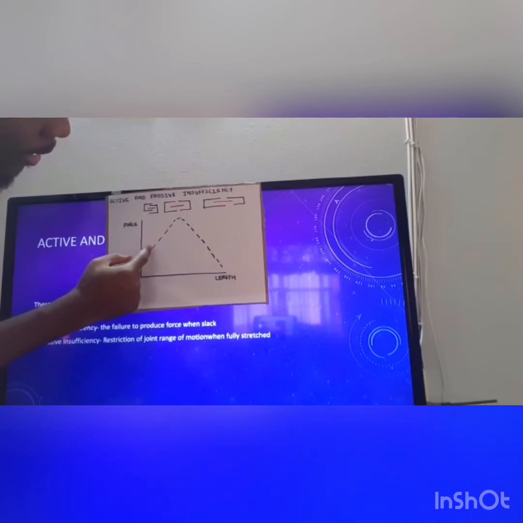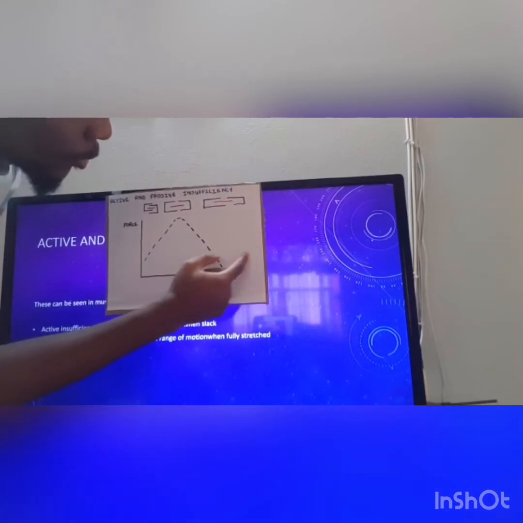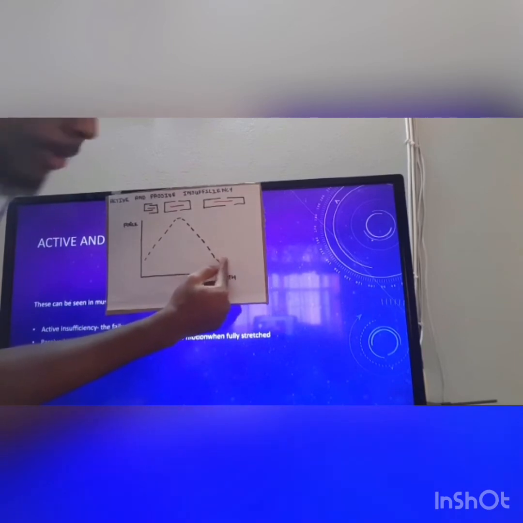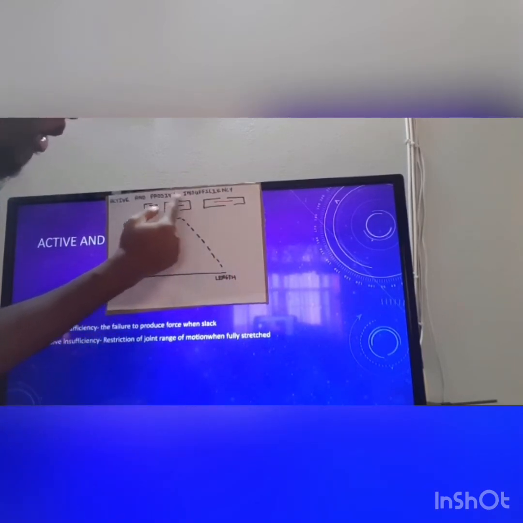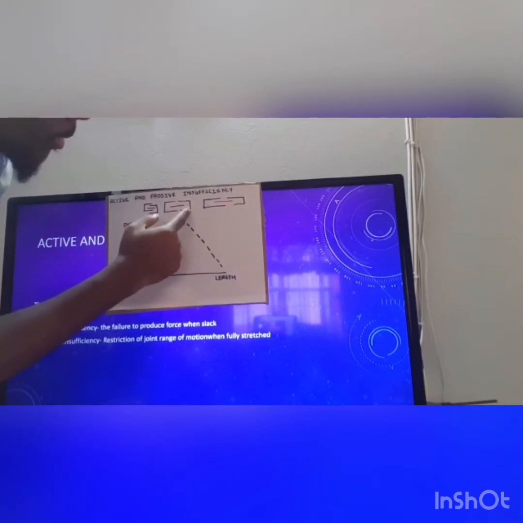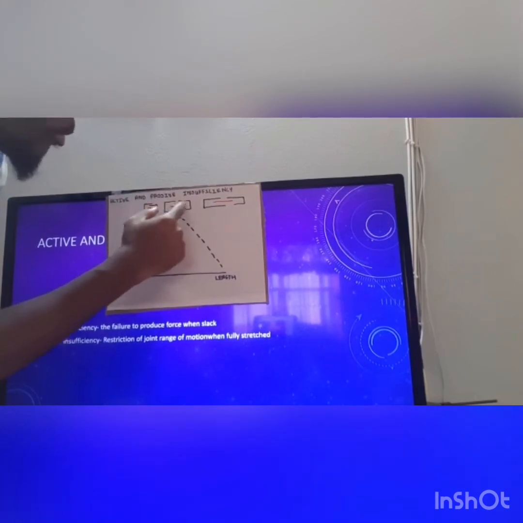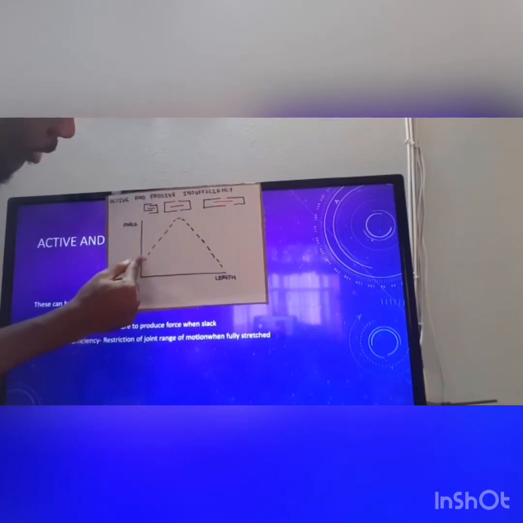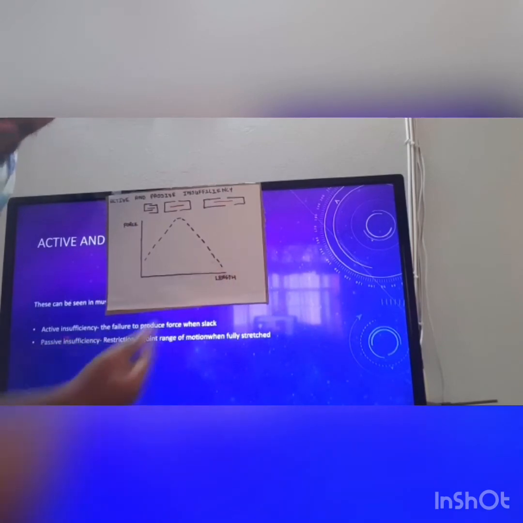If it lengthens too much as well, the muscle becomes insufficient again. So up here is where the muscle would be most suited to do activity, right? To produce force. So here, the muscle insufficient, that's active insufficiency. The lengthened one, passive insufficiency.